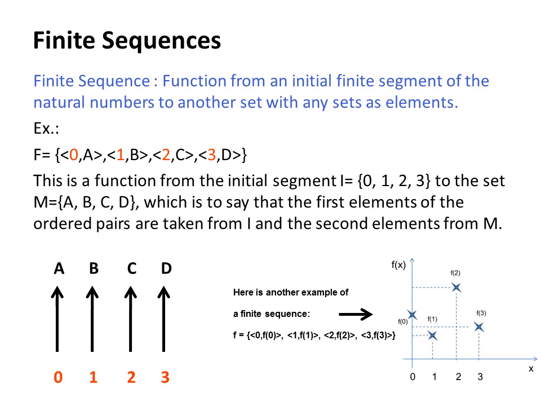You can see in the slide the example of the sequence f equal to 0a, 1b, 2c, 3d, which is a function from the initial segment I equal to 0, 1, 2, 3 to the set M containing a, b, c, d, which is a way to express that the first elements of the ordered pairs are taken from the set I and the second elements from the set M.